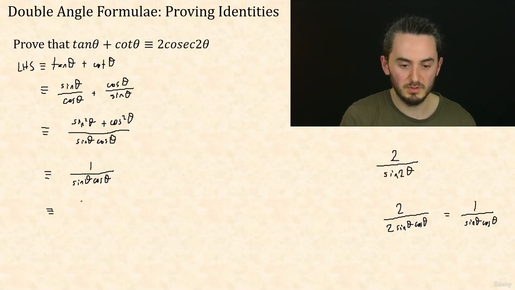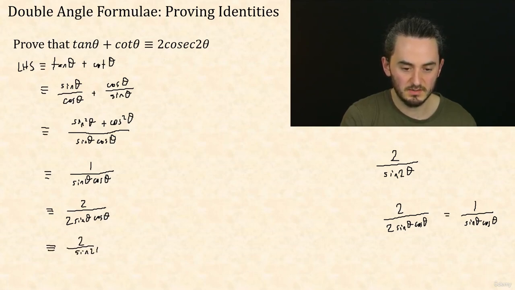I'll just double the top and the bottom. And now the denominator is sine 2 theta, so that's 2 over sine 2 theta. And that is, of course, 2 cosec 2 theta. And then you can celebrate by saying that is the right-hand side.